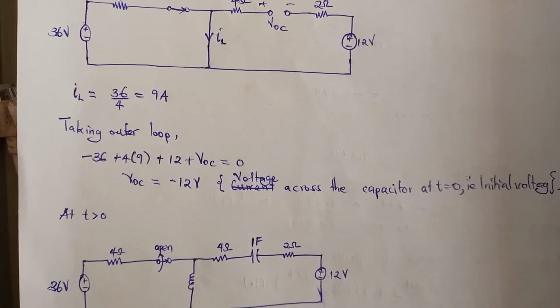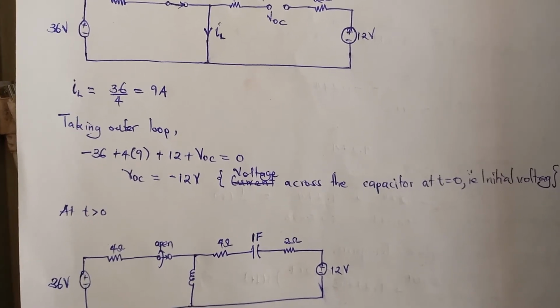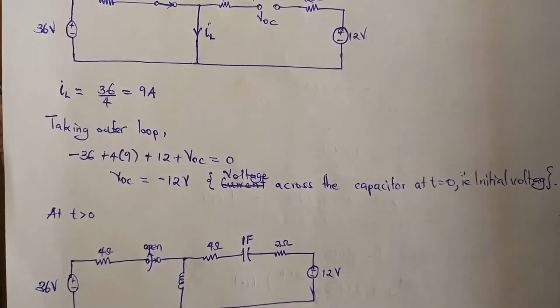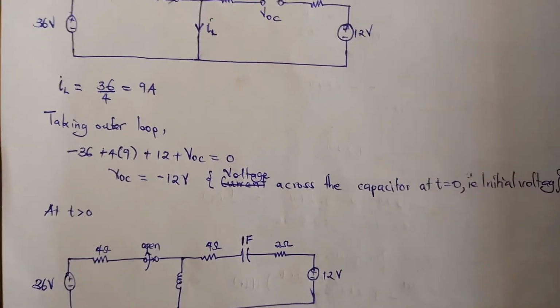Simplifying that equation, we get the open circuit voltage VOC as negative 12 volts.